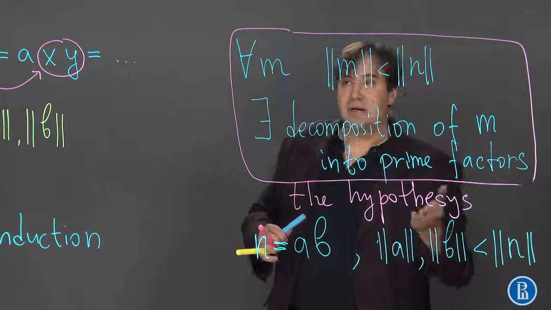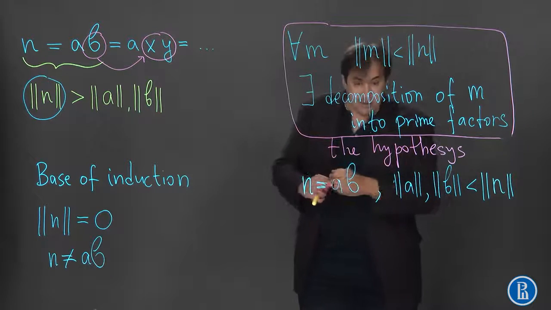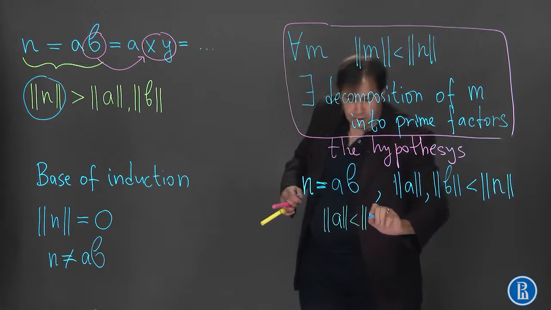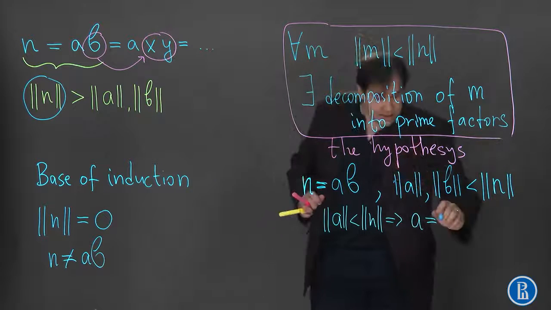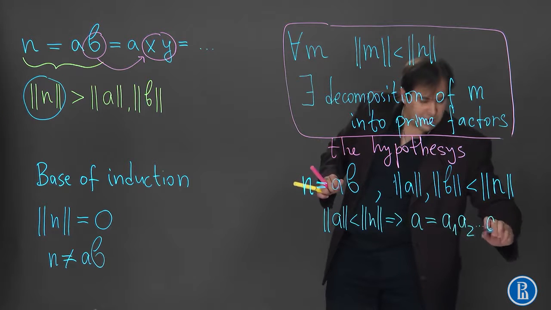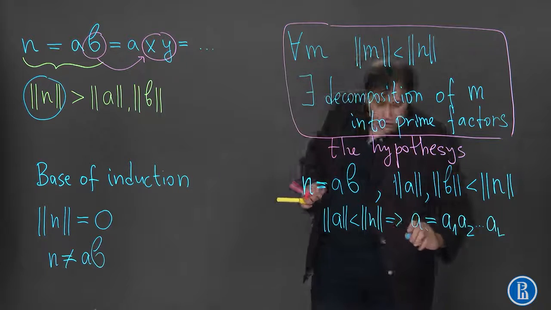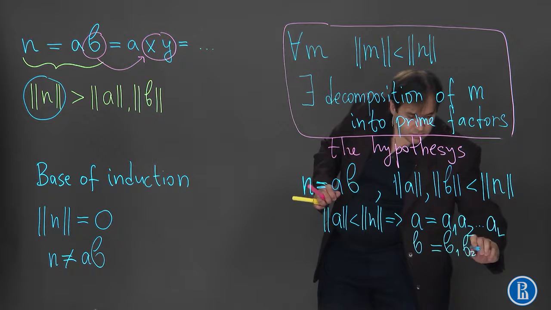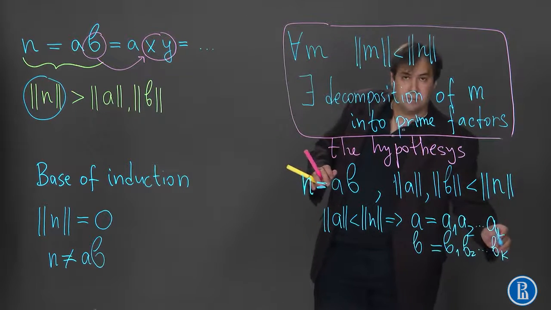And at this very moment, we can apply the induction hypothesis and say that both A and B have their own decomposition. Say let A be equal to A1 multiplied by A2 multiplied by and so on multiplied by AL, where all these elements are prime, and also B has its own decomposition into prime factors, where all of these B1, B2 and so on, Bk are prime.